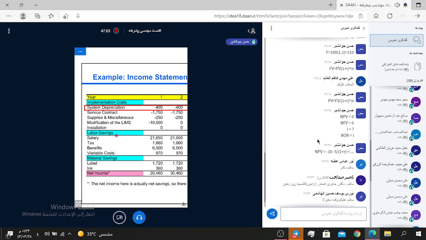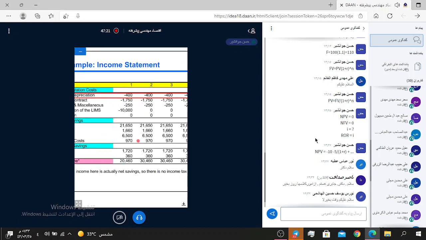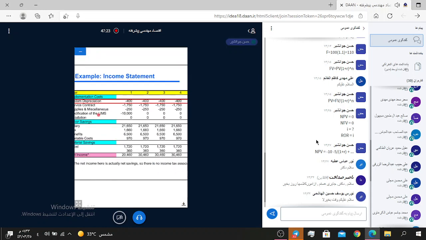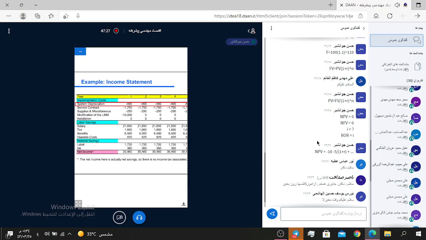Labor saving, you can think about it as benefit, salary, tax, benefits, variable costs, material saving, etc. You can see the income statement in the table.